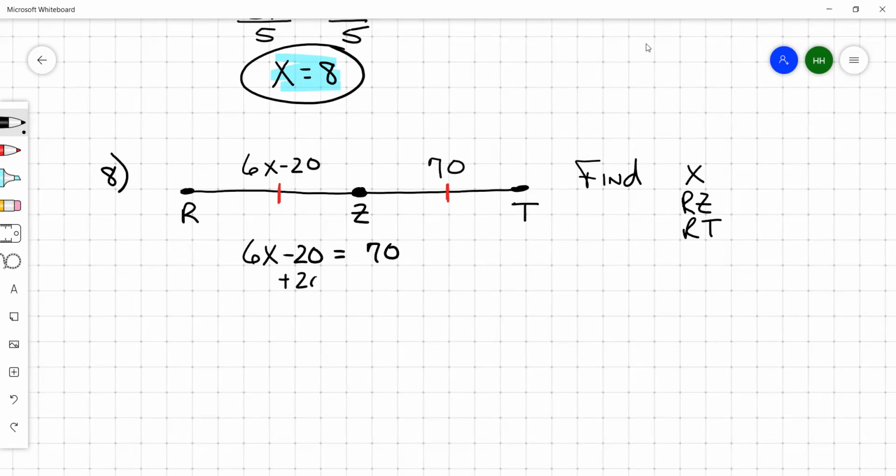Add 20 to each side. Your 6X will be equal to 90. And then you divide by 6. So your X is equal to 15.